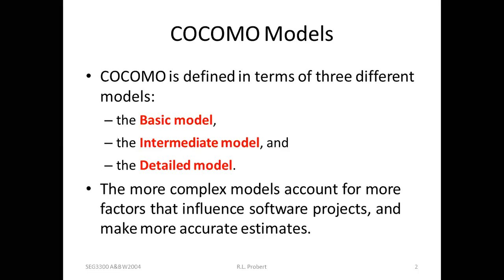It has a basic model, intermediate model, and detailed model. We can calculate this using the COCOMO model. What will be the input to this model and what will be the output we will be getting from this model?